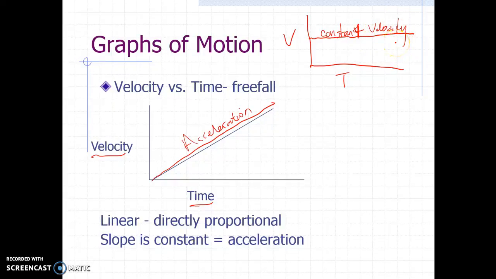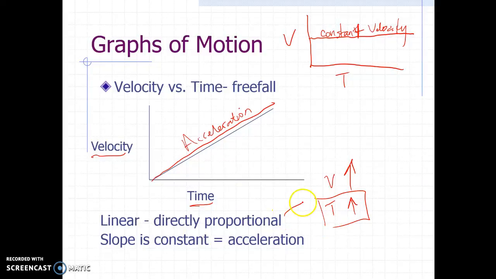Okay. If it's increasing, this is considered linear or directly proportional, which means if one goes up, the other goes up. So as velocity increases, time increases. Or, I guess you should flip-flop since time is the independent variable: as time increases, the velocity increases.